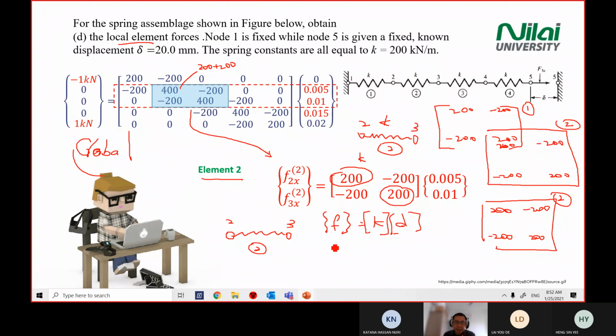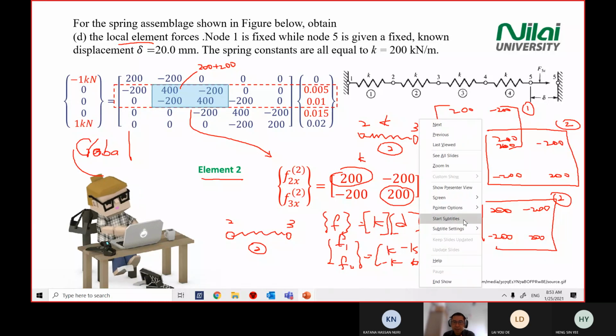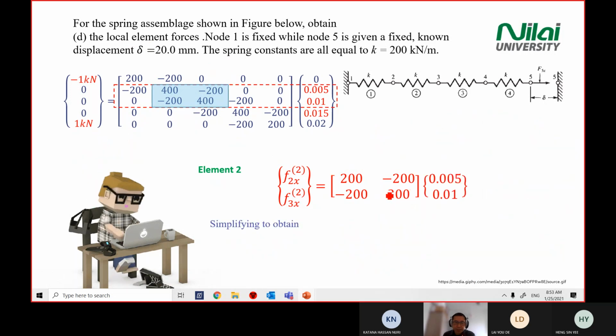So here we have F1, F2, for example, equal to K, minus K, minus K, K, times the displacements U1, U2. Then you solve the simultaneous equation.